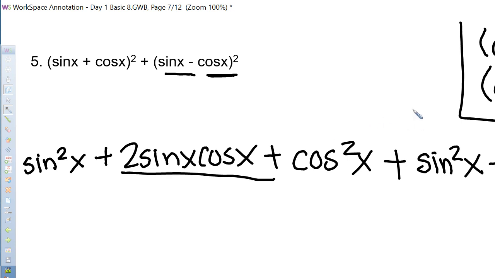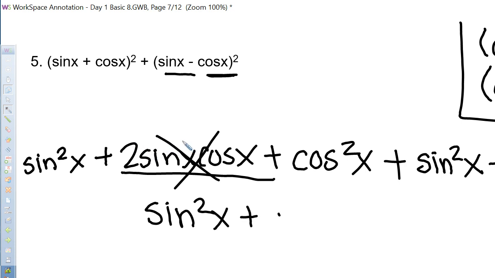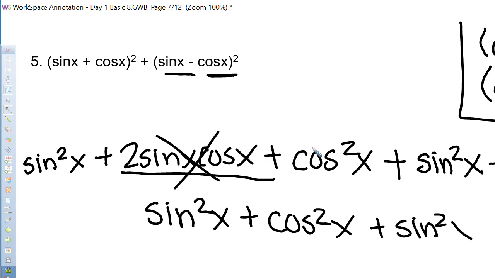So we have the 0 pair right there. So those go away. Now I'm going to break down what we have left over. What we have left over is sine squared of x plus cosine squared of x plus sine squared of x plus cosine squared of x. Now, why did I not want to combine these two sine squares?